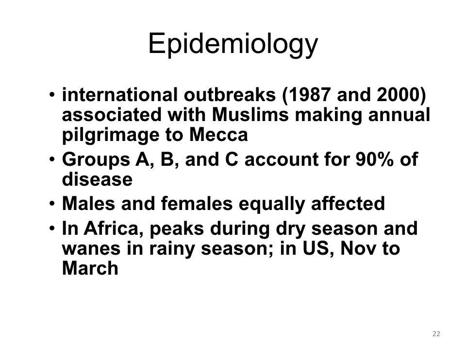There is no gender predilection, and as far as timing of disease is concerned, in Africa, which has hot weather, it peaks during the dry season and wanes in the rainy season, but in the US, it's more common in the winter months.